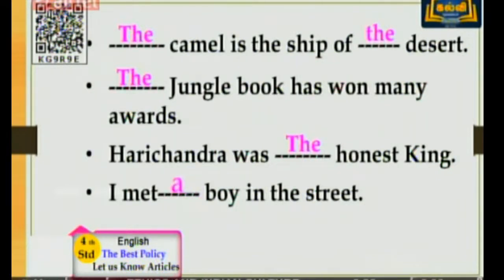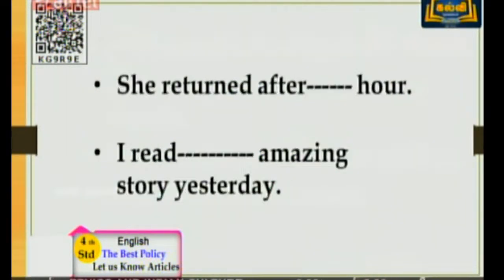Yes, you're right. She returned after dash hour. What is the article you should use before hour? An. Yes, you're right. She returned after an hour. You're right. I read dash amazing story yesterday.